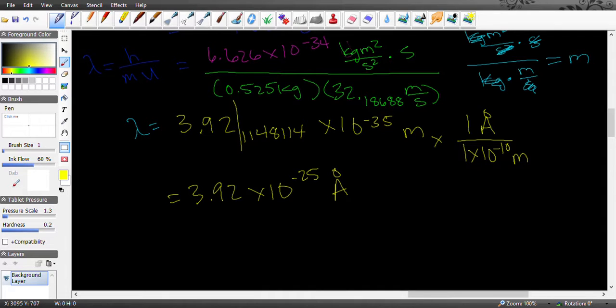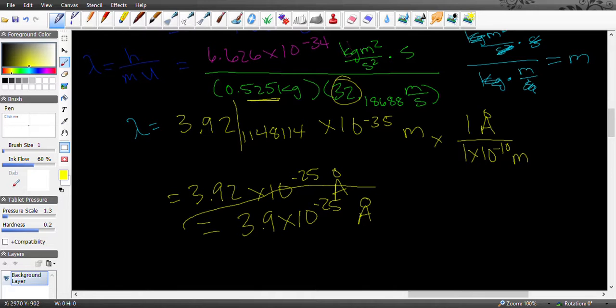Then stop right there because of the 3 sig figs. Oh, no, I lied to you. We have 2 sig figs right here, so 3.9 times 10 to the negative 25 angstroms. That would be your final answer.